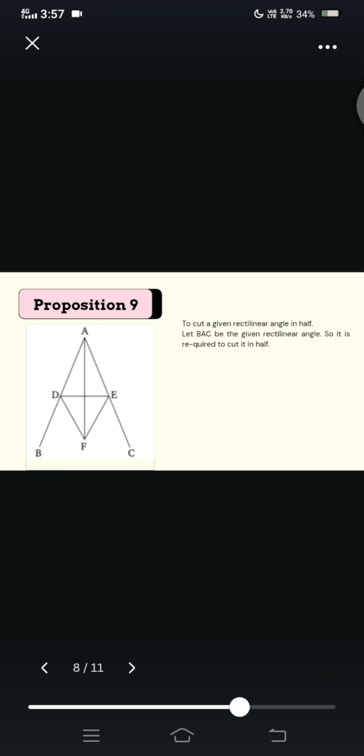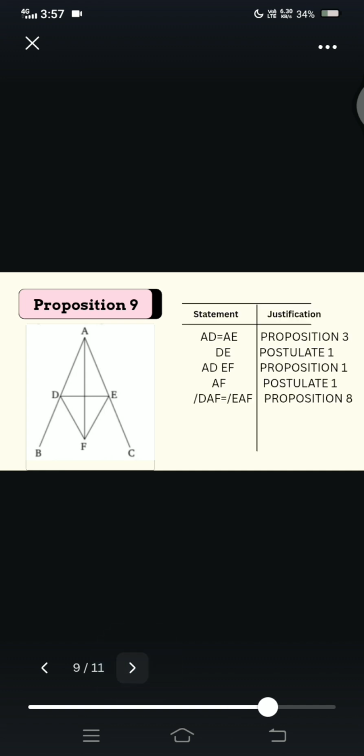By postulate 1, we can connect these 2 points to create a straight line.